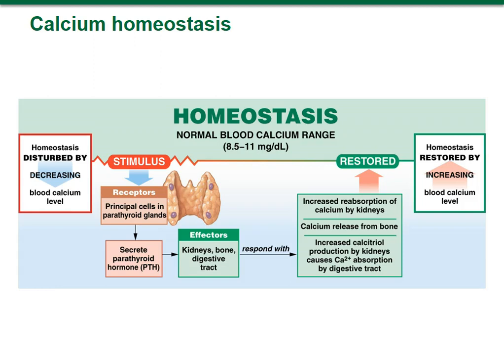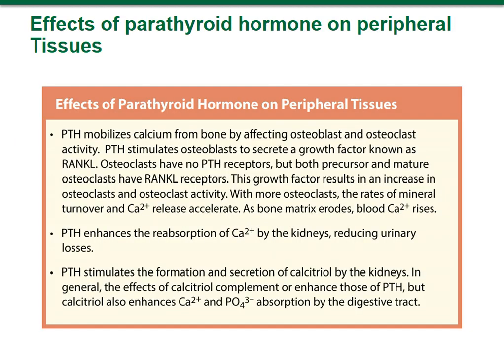What it does is cause your osteoclasts to break down your bone material to release calcium. And you have increased calcitriol production by your kidneys that causes more calcium absorption by your digestive tract. So 3 different things happen to increase your calcium levels. And indeed, they do go back up as a result of those homeostatic mechanisms. Okay, so understand that.